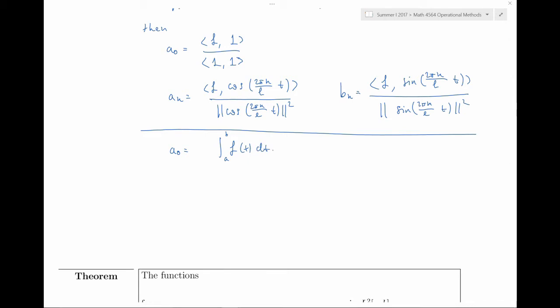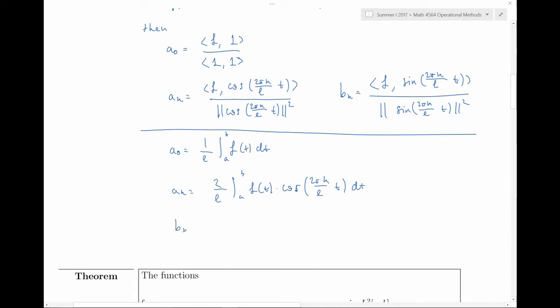And the norm squared of the function 1 is just going to be b minus a, and therefore it's just 1 over L right here. a k is going to be the integral from a to b of f of t times cosine of 2 pi k over L t dt. The norm squared of the cosine, as you have computed in your homework, is L over 2, so it's just going to be 2 over L.